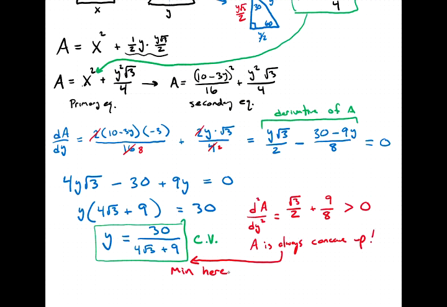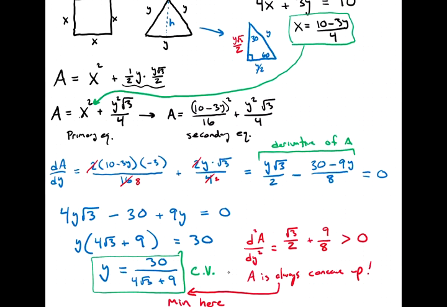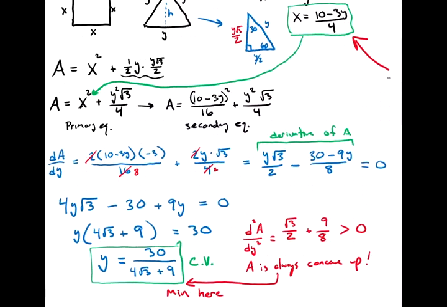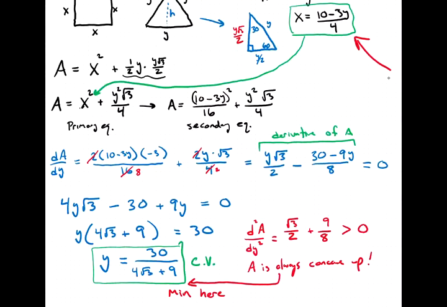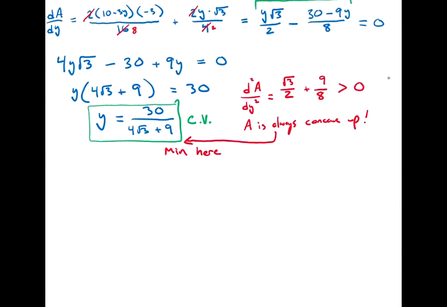But we also need the dimensions of the square. So what we're going to do here is look back at this guy. That's our equation for x. So x is equal to 10 minus 3y over 4.